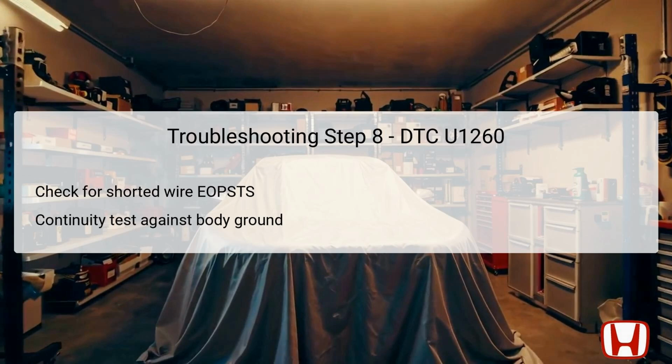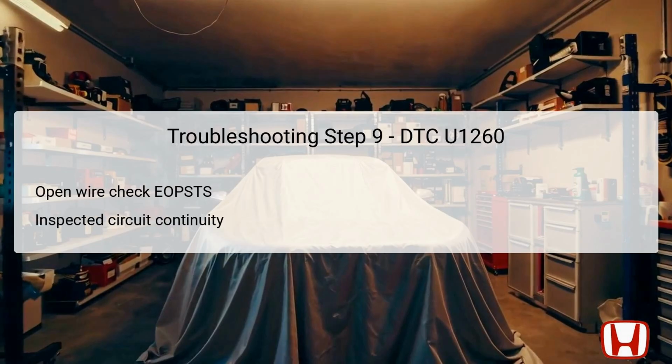If continuity is present, it implies a short circuit exists. Immediate corrective actions should be undertaken to repair the circuit and eliminate any short to ground. However, in the absence of continuity, this would indicate that the EOP-STS wire is functioning correctly, therefore allowing further investigative measures into other components and potential failure points for the auxiliary transmission fluid pump system.